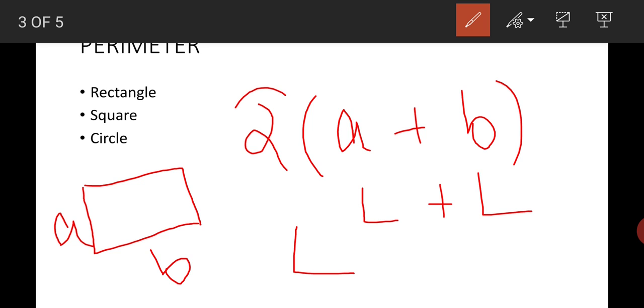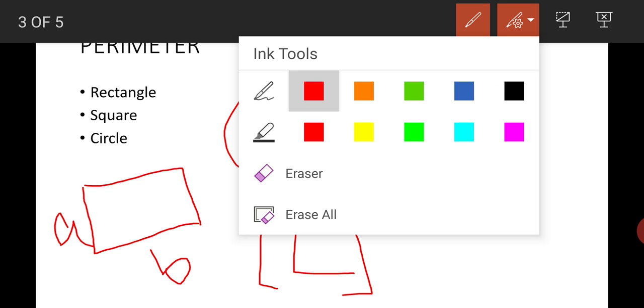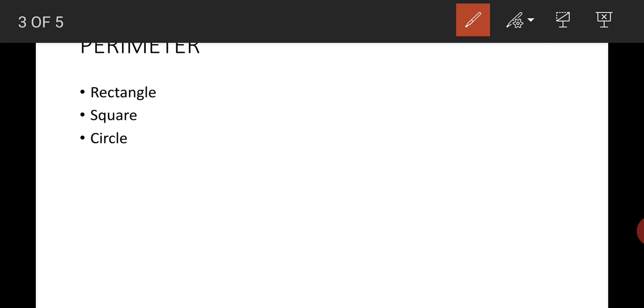We need not write this 2 because 2 is a constant number. It does not have any dimension. And in that way, the dimension of the perimeter of a rectangle is L. Similarly, we can write the dimension of the perimeter of a square. We are going to draw a square with 4 equal sides, and a is the length of all the four sides.